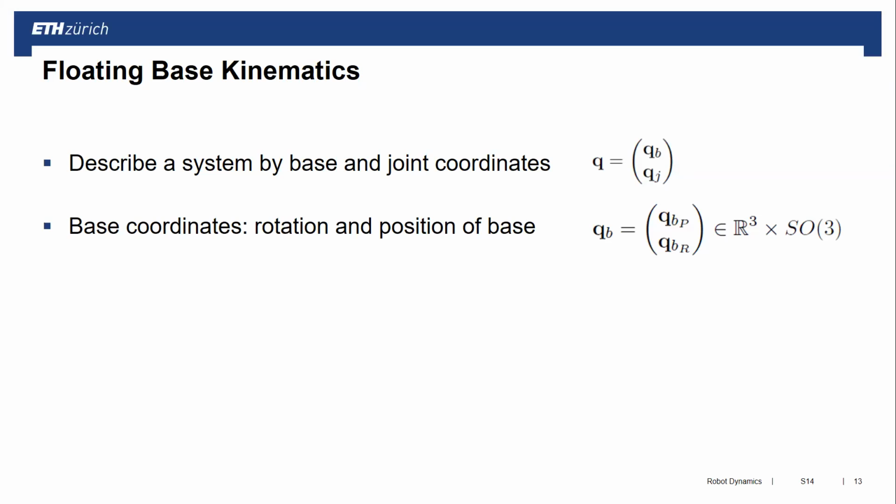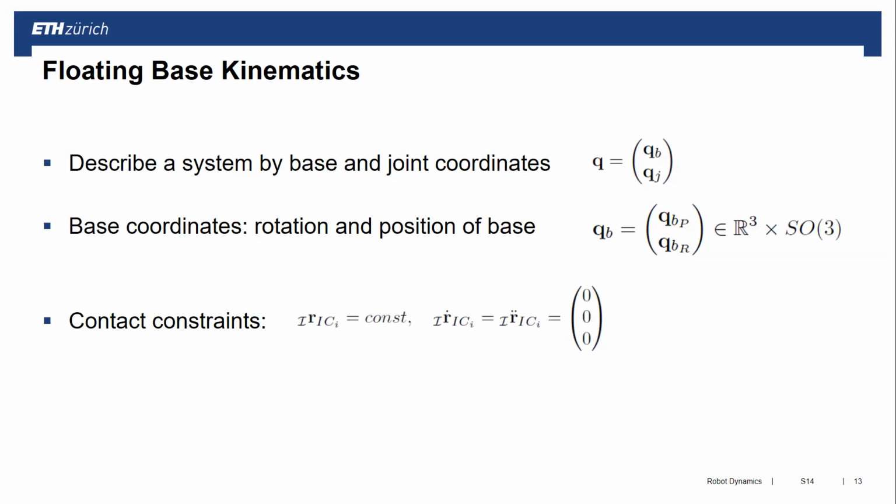That gives us a bit of a problem. Q here, if you look at the dimensionality, might be 7, while my actual velocity, or my degrees of freedom, are only 6. The free floating body can only have 6 degrees of freedom, 3 for rotation and 3 for position. So again, parameterization is not equal to the degrees of freedom that we have.